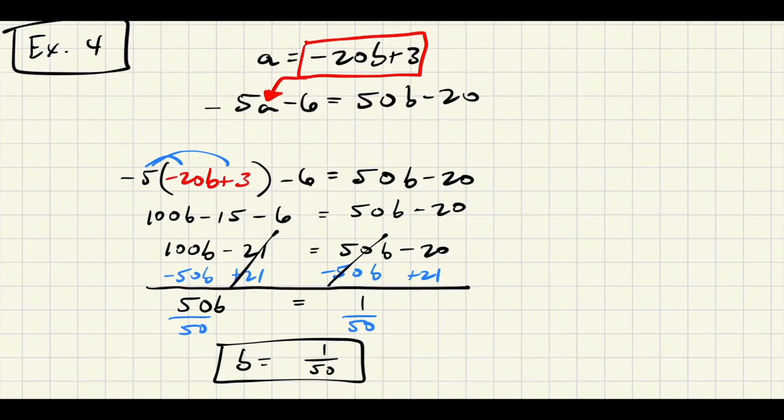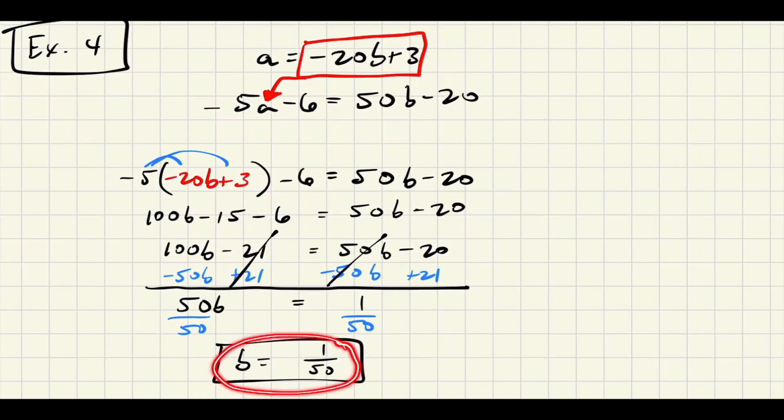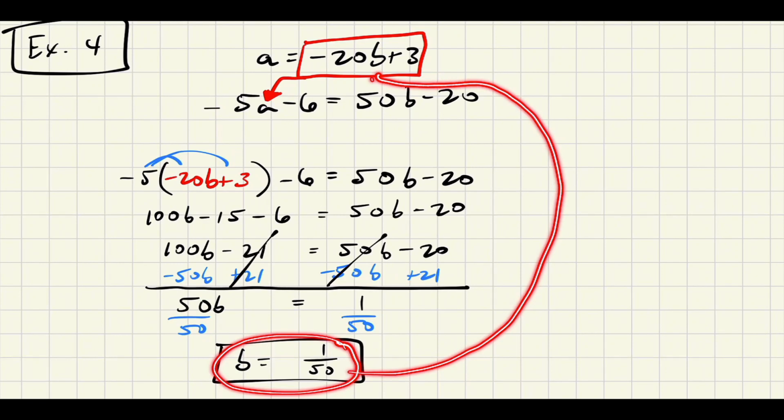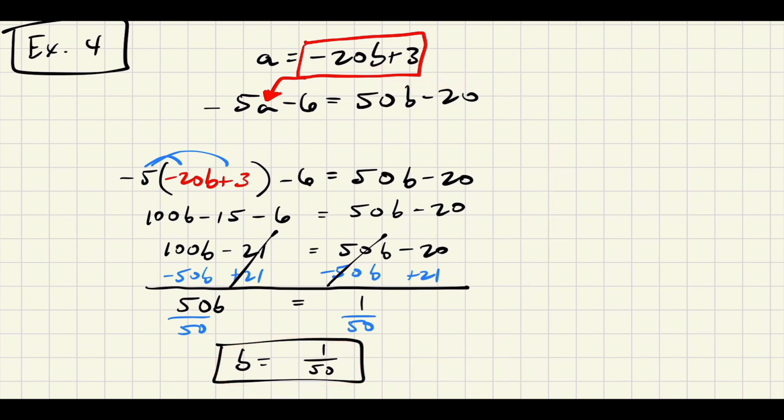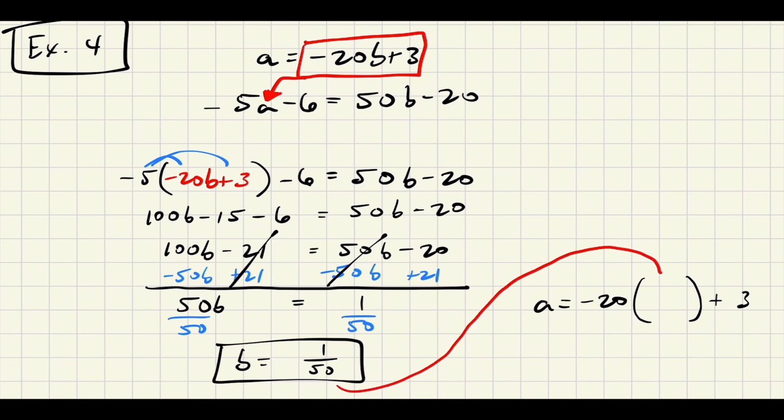Now what I can do is take that B and plug it back in up here and solve for A. So we're going to plug in B there and solve for A. So A equals negative 20 times 1 over 50.